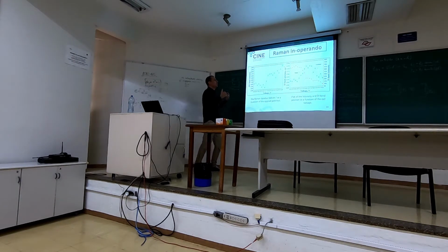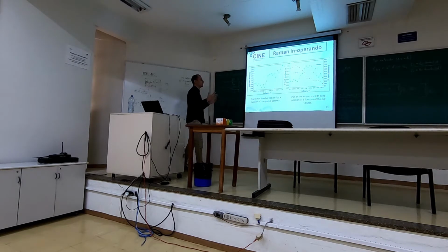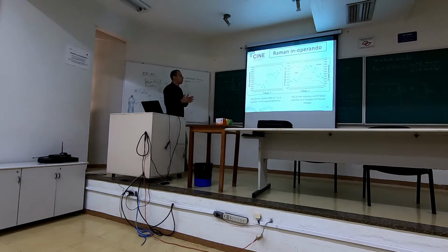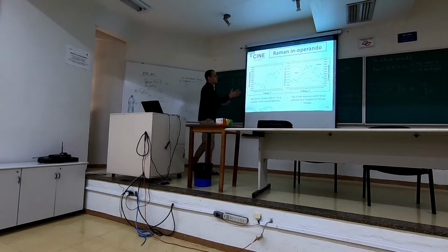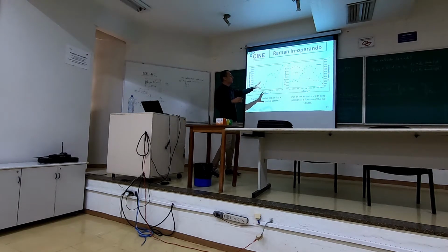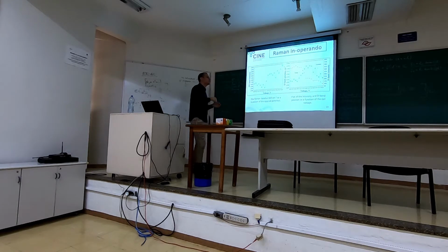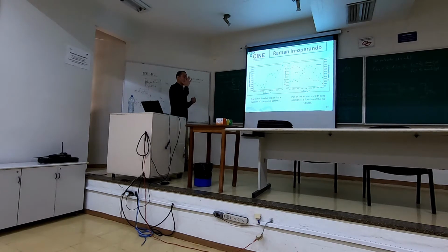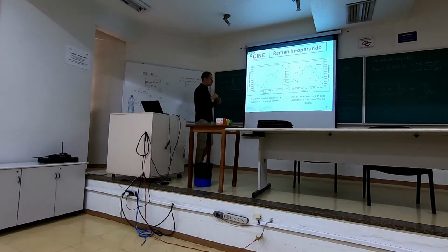From the data of the last slide, we can plot these two graphs. On the left side, we can see the Raman band of sulfate as a function of applied potential. On the right side, we can see the plot of intensity and D-band position as a function of the cell voltage.